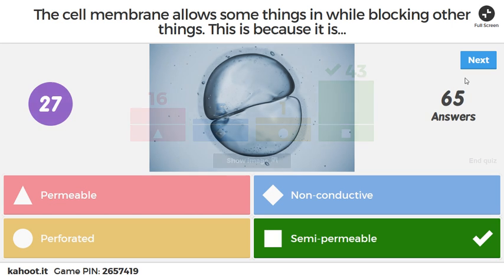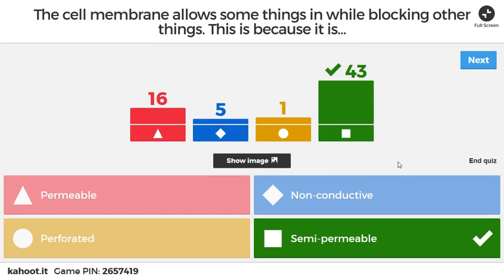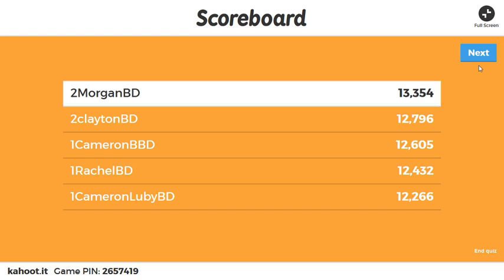Okay, and it's going to be semi-permeable. Semi meaning half. It's going to let some things in, block other things, so that makes it semi-permeable. All right, moving on.